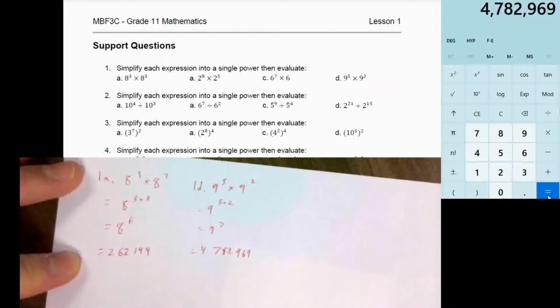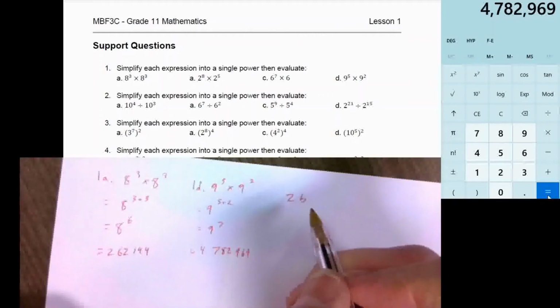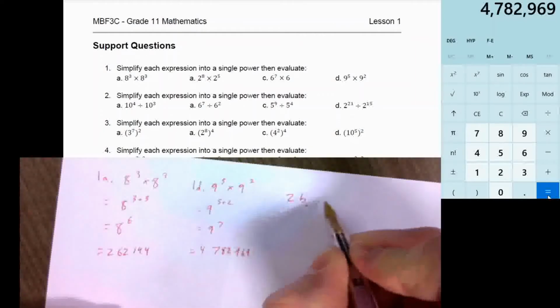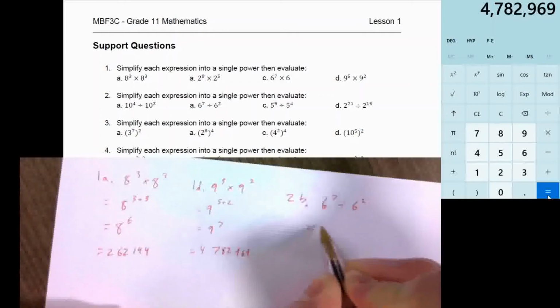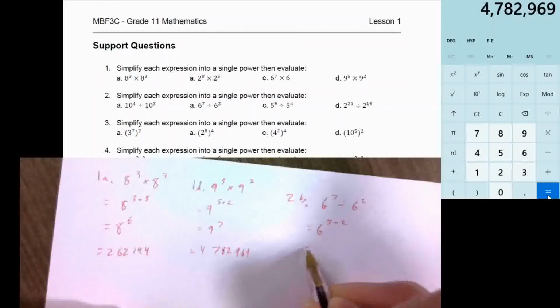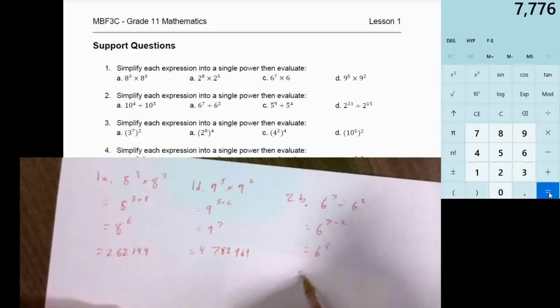Let's try some of the ones under question 2. So I'll do 2B. This is 6 to the 7 divided by 6 to the 2. Here it's the same as subtracting. 6 to the power of 5. So 6 to the power of 5 gets me to 7,776.